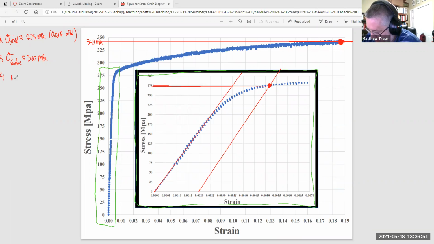So here's modulus of elasticity. And we know what we're trying to find is the slope of the linear region, right? It's basically Young's modulus is the modulus of elasticity.